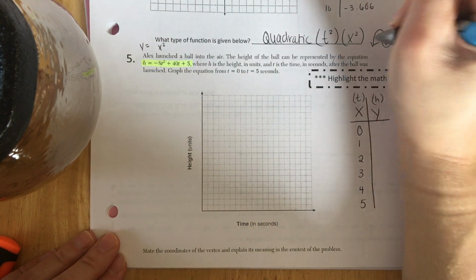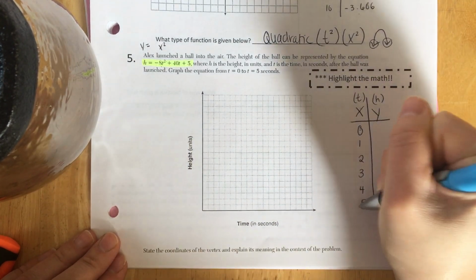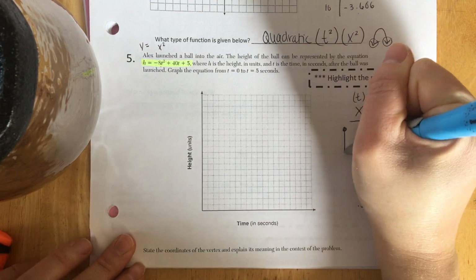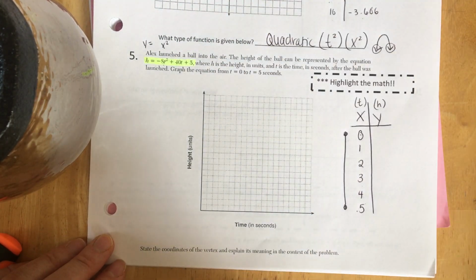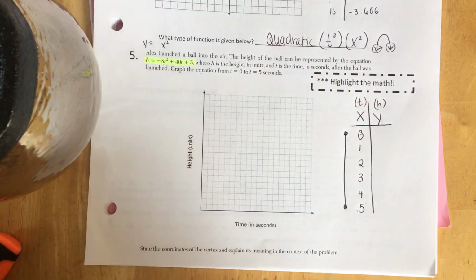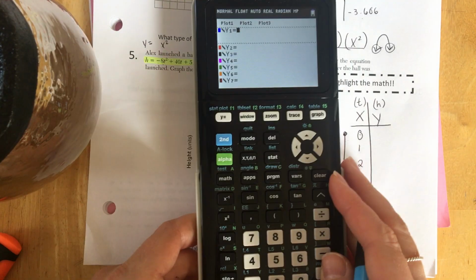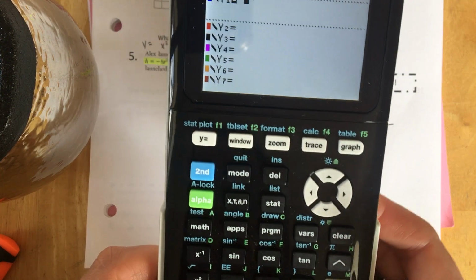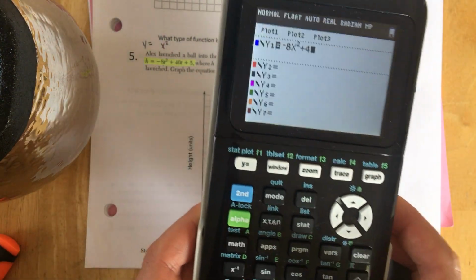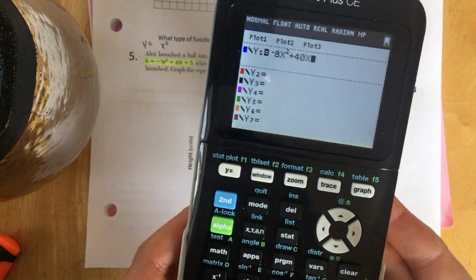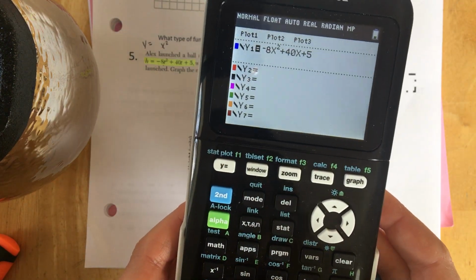Okay? I'm not actually going to have arrows here because they're telling me only to graph these 6 points, so it's going to be point to point, okay? We're just having 2 points on the end there, no arrows. So let's go ahead and put that in our calculators. -8 x squared plus 40x plus 5.